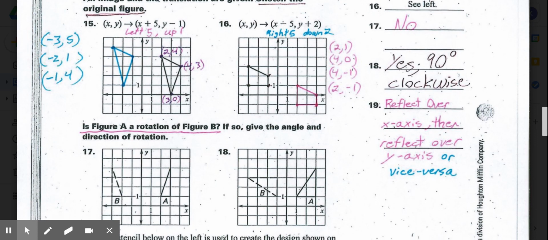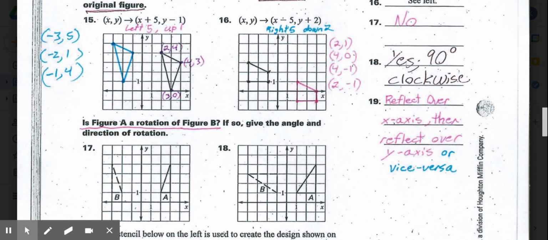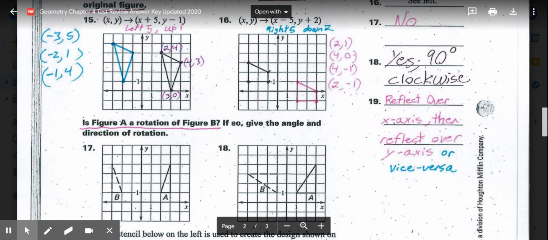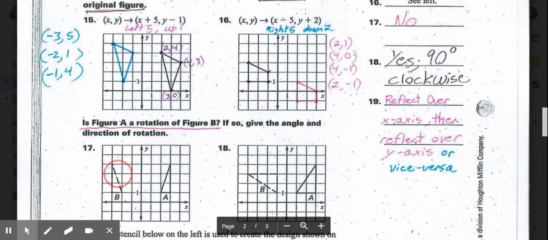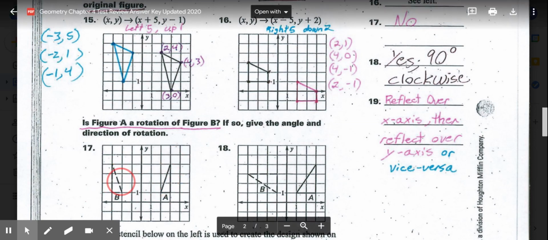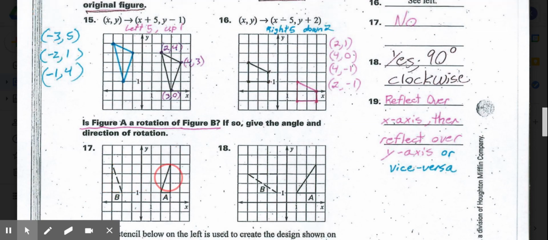17 and 18 are just asking, is the figure a rotation? If so, give the angle and the direction of the rotation. So in 17, they're asking, is figure A a rotation of B? No, it would be a reflection. It just flipped.